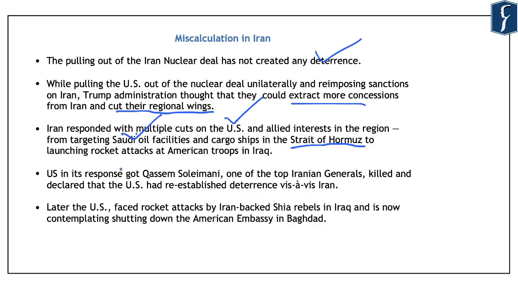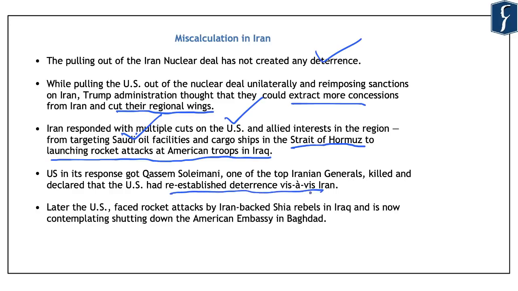And again, Iran has been involved in the proxy war by launching rocket attacks at American troops in Iraq, which has led the US to think of moving out its embassy from Iraq. However, in response to Iran's aggressiveness, the US got Qasem Soleimani, who was one of the top Iranian generals, killed. And doing this, the US declared that it has re-established deterrence vis-a-vis Iran.